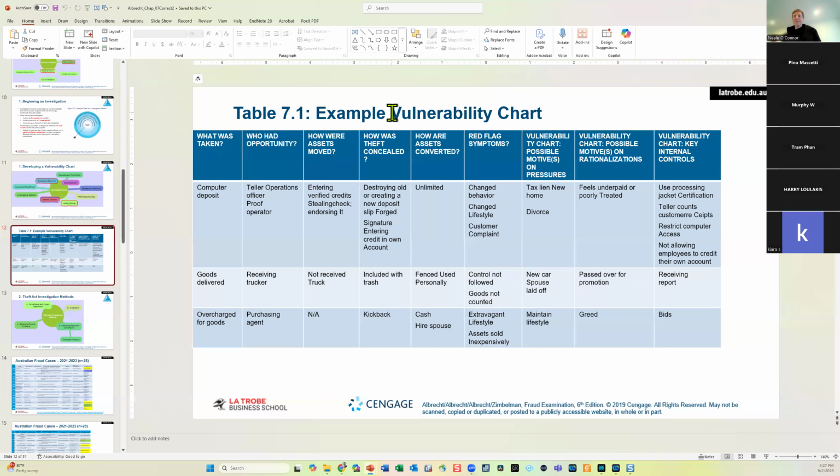The vulnerability chart is a way of helping you to structure your evidence collection: what was taken, who had the opportunity, how were assets moved, how was theft concealed, how are assets converted, red flag symptoms, possible motives and rationalizations, and any vulnerabilities in terms of internal controls that were strong or weak.